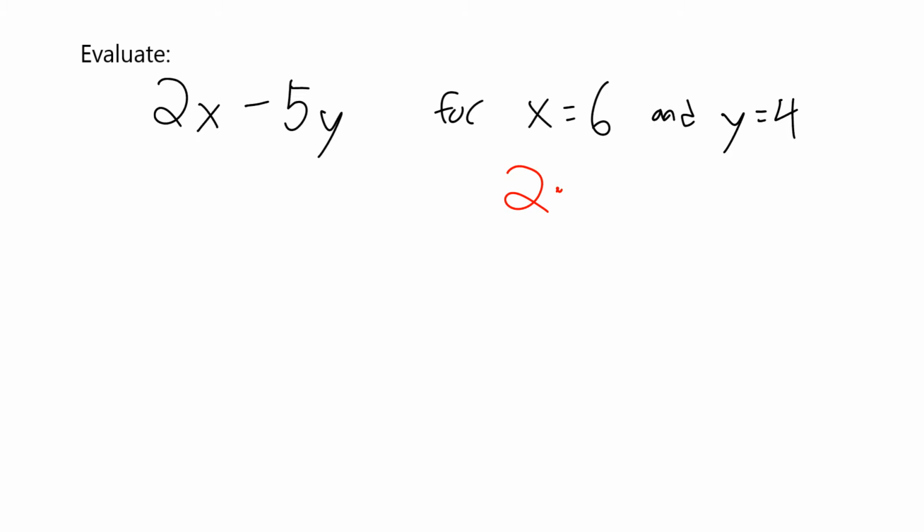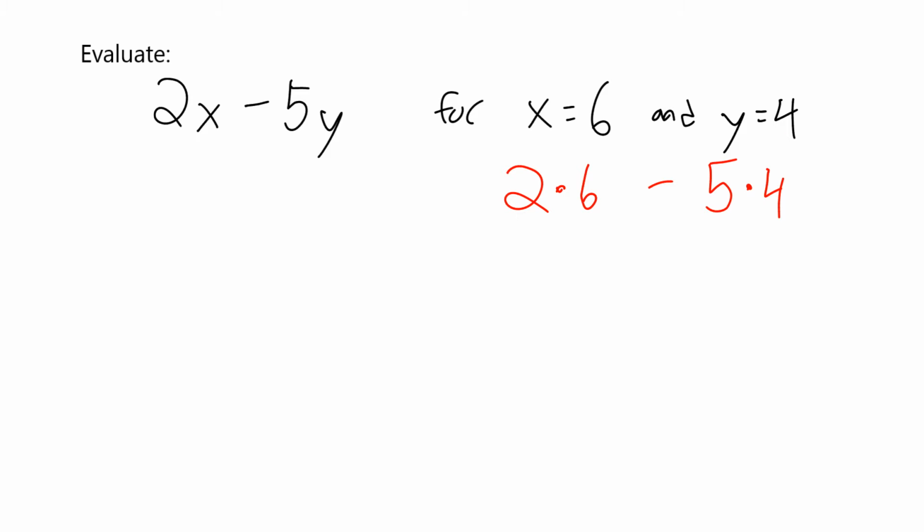But instead of putting an x, we plug in a 6. And instead of plugging in a y, we put a 4. The 6 goes in for x. The 4 goes in for y.